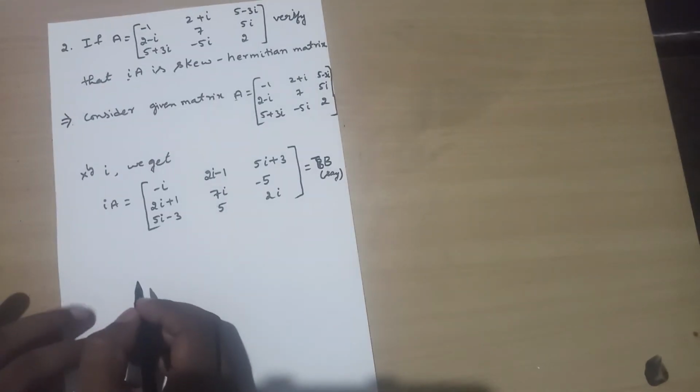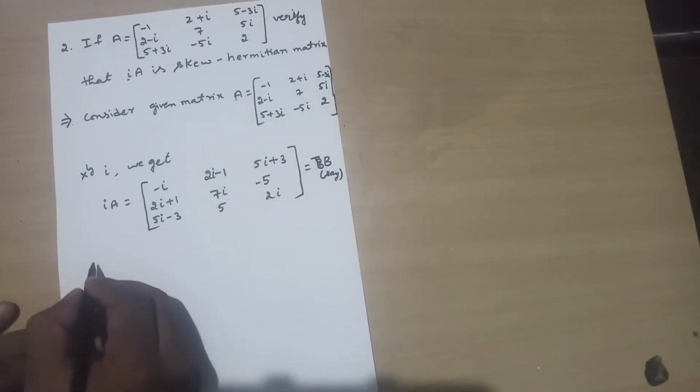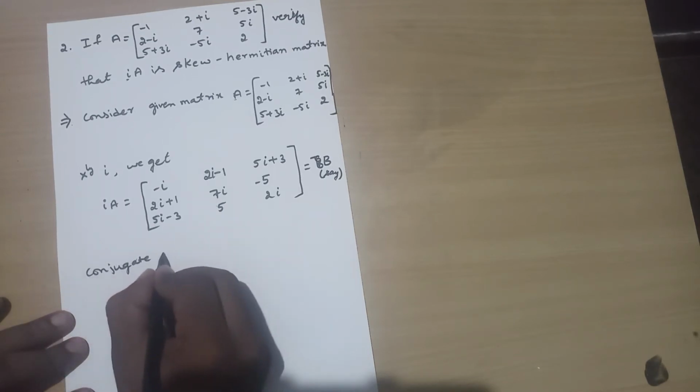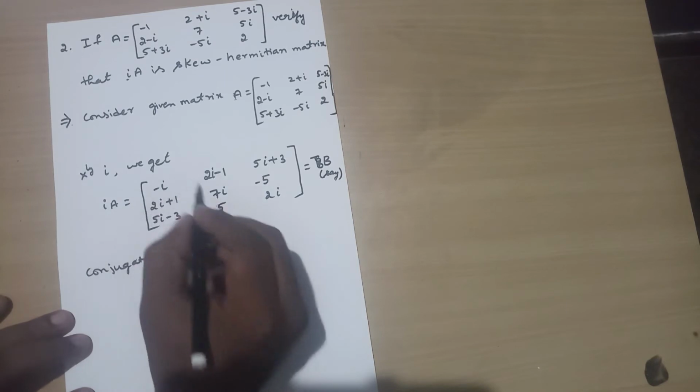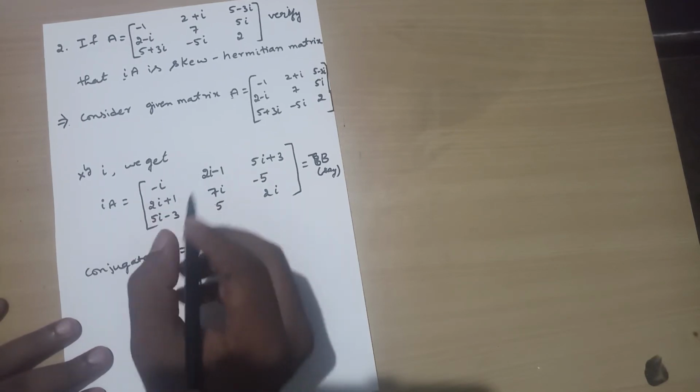Now here I am taking the conjugate of this one. Conjugate, so what do you get? B bar. Conjugate means i is replaced by minus i. So what do you get here?